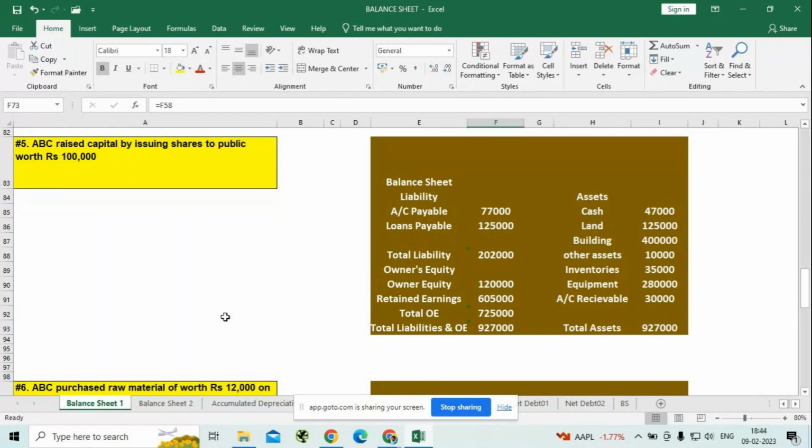Sir, not sure, but I think cash will increase and owner's equity will increase. Yes, it is correct. We are receiving this through cash, so there is an increase in the value of cash, and it is considered as capital. So it is going to increase the owner's capital.